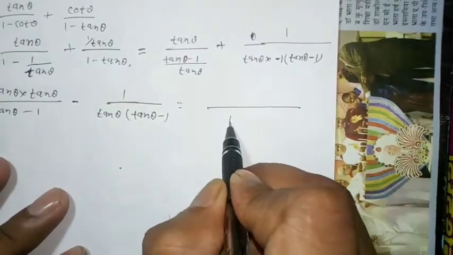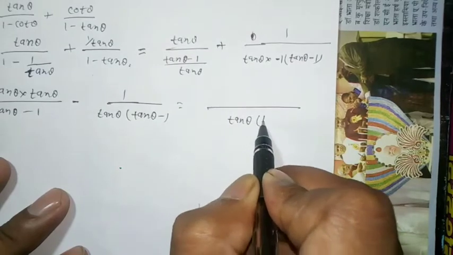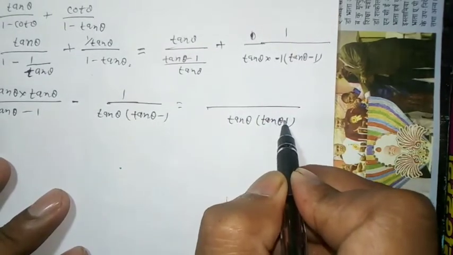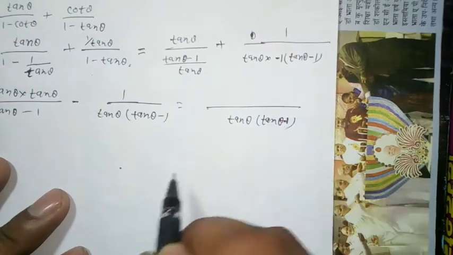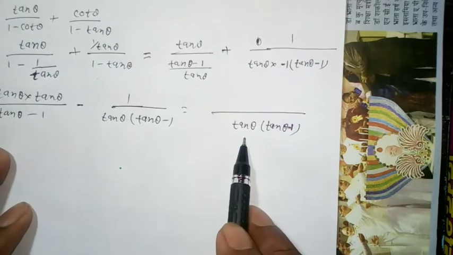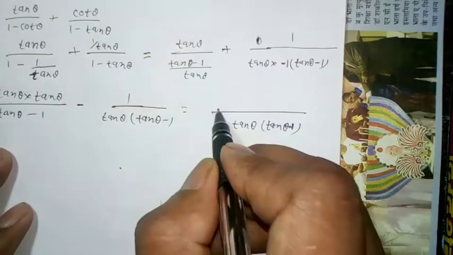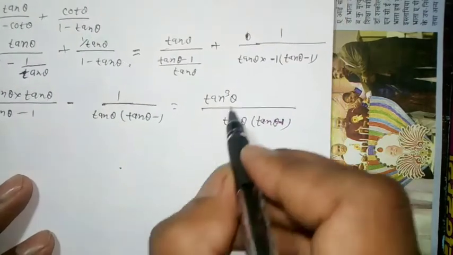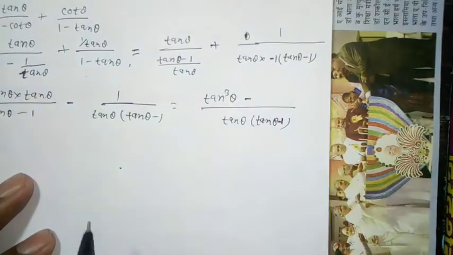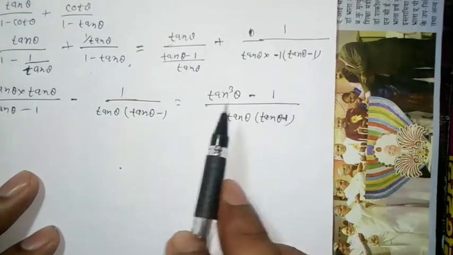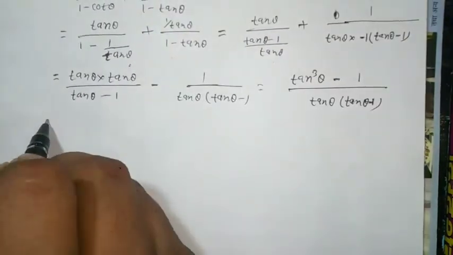Okay, the LCM is tan theta into tan theta minus 1. So tan theta into tan theta and again we multiply by tan theta, then we get tan to the power 3 theta minus 1.